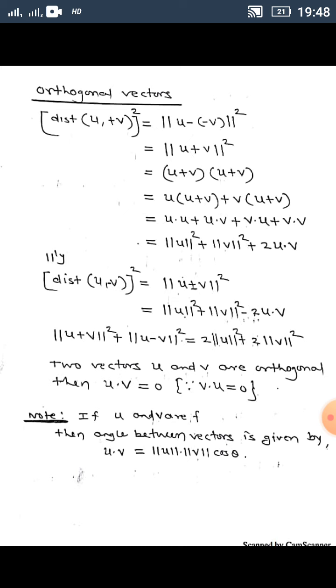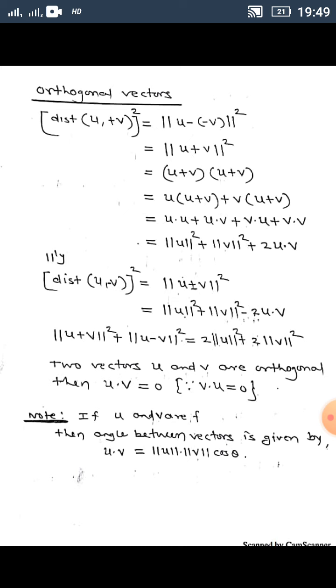If we take norm of u plus v squared plus norm of u minus v squared, which we have already calculated, and add the two conditions, we get 2 times norm of u squared plus 2 times norm of v squared.